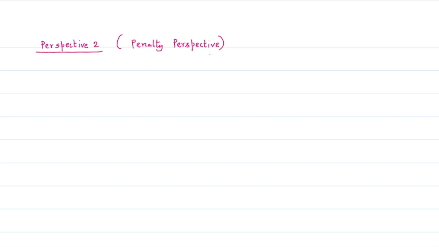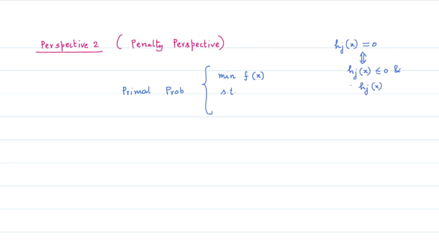To describe it, let me consider the primal problem recast as a problem with only inequality constraints, because you notice that any equality constraint h_j(x) equal to 0 can be equivalently posed as h_j(x) less than or equal to 0 and minus h_j(x) less than or equal to 0, right?